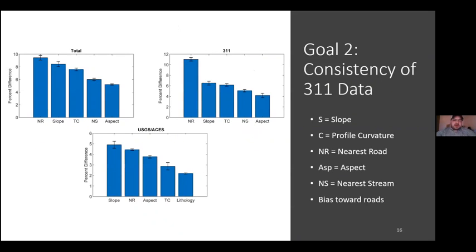With consistency to our other 311 data sets, again, we do see this bias towards the nearest road variable, with the USGS and ACES having a higher influence from higher slopes, as well as some influence for lithology. And again, similar to the charts I showed before, the 5 highest being nearest road, slope, total curvature, distance to nearest stream, and aspect for this 311 data set.